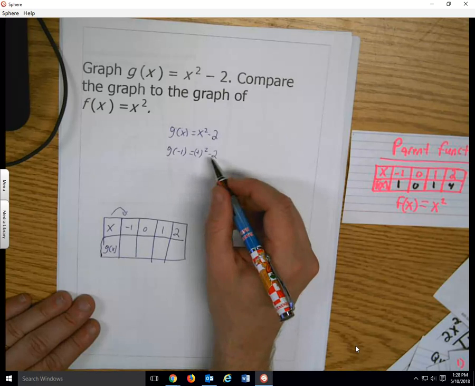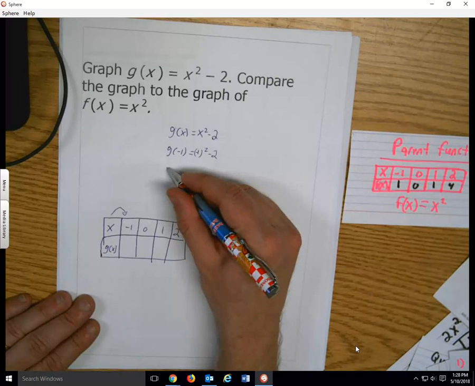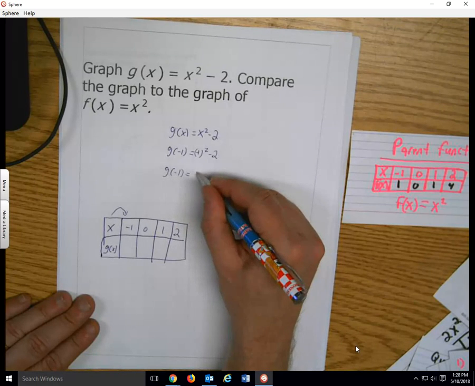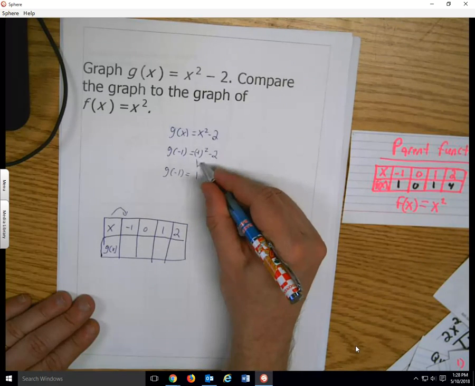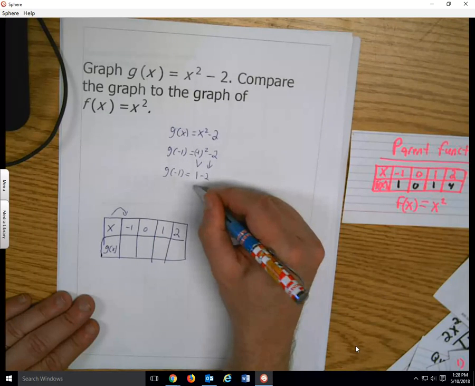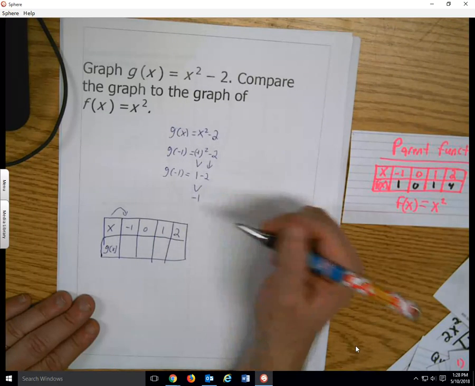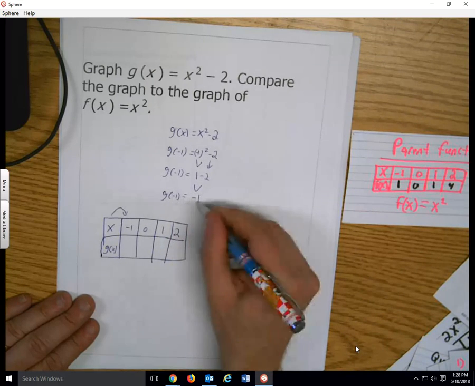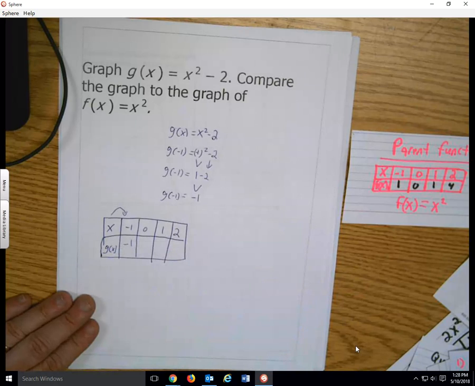Well, -1 times -1 is +1. So we would have this +1, but we bring down the -2. And what is 1 minus 2? It's -1. So if we input -1, our output would also be -1.